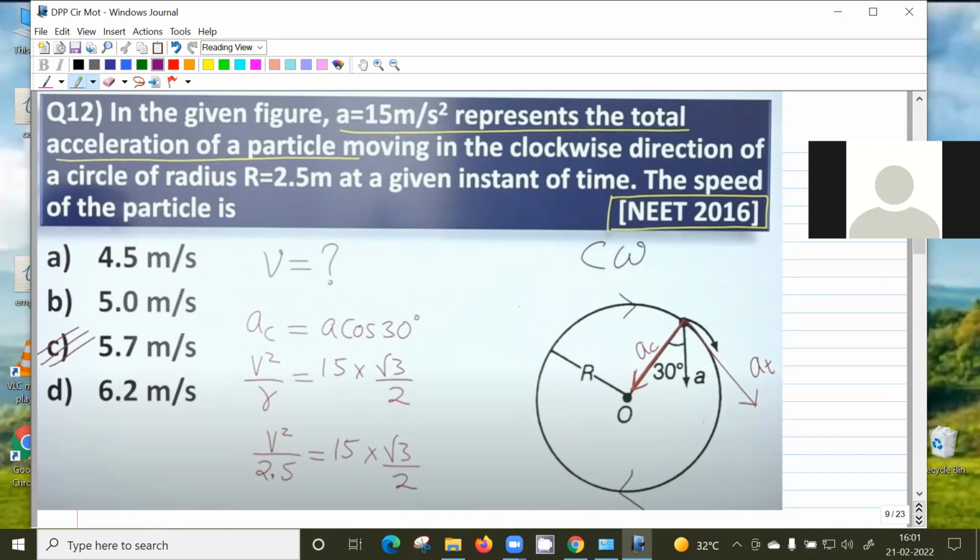That 15 is net acceleration. He has given a total.